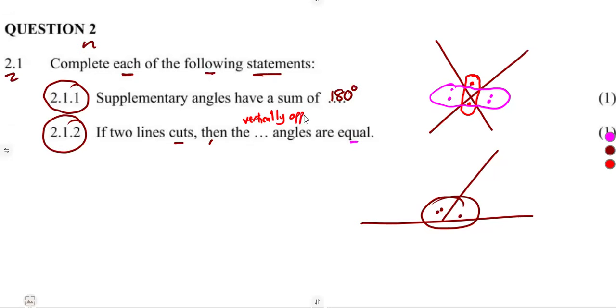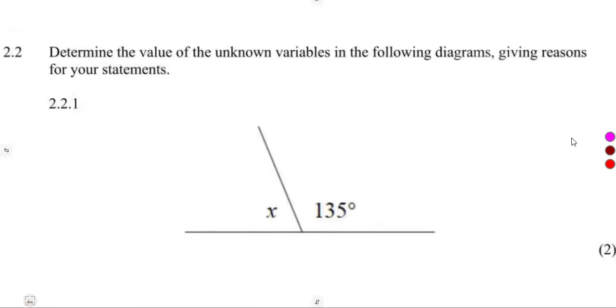Vertically opposite angles are equal. If this is 50, this must also be 50 degrees. All right. If this is 130 degrees, this is supposed to be 130 degrees, vertically opposite angles. Okay. So that was it.